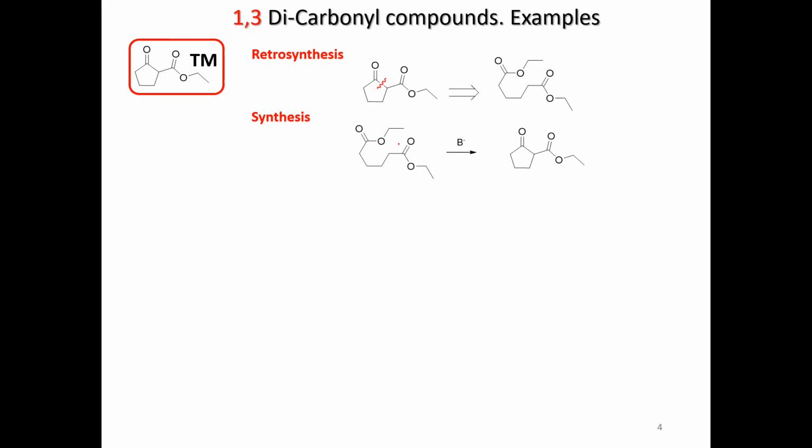This one, if it takes this proton from here or this proton from there, whatever starts first, it creates a 5-member ring and it stops. That's selective. Then you need to consider how to make this one. We will see later.